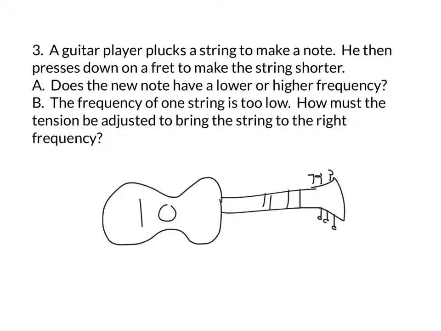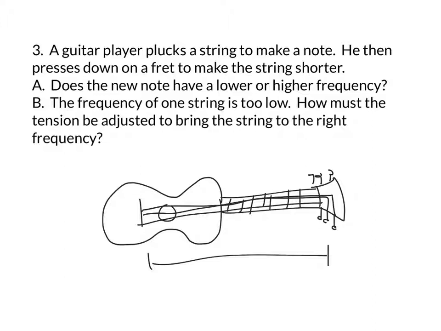Frets. Let's just pretend that one of these strings is this long. Then he holds his finger here, so the string is now only this long. So he holds down that fret to make the string shorter.